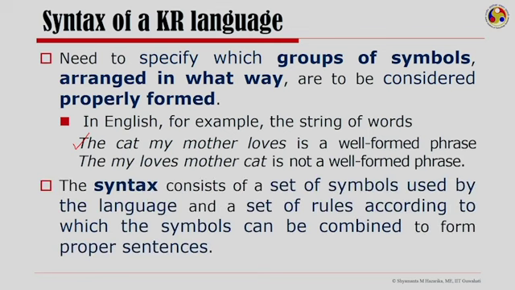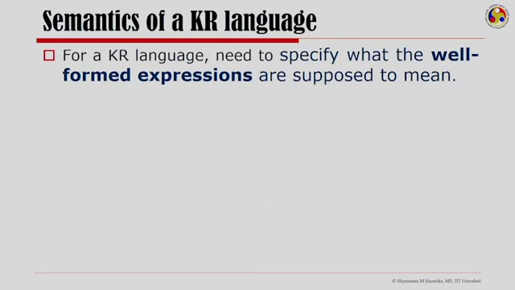The syntax consists of a set of symbols used by the language and a set of rules according to which the symbols can be combined to form proper sentences. So, we need to understand that for a knowledge representation language, we must have a precise syntax defined. The semantics, on the other hand, specifies what the well formed expressions of a knowledge representation language are supposed to mean.